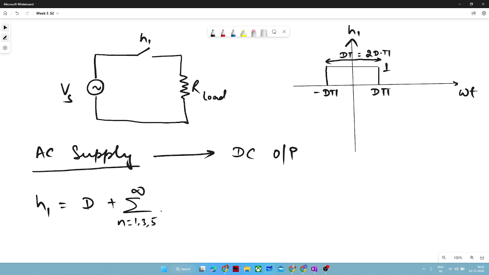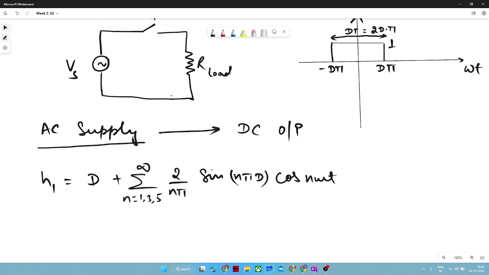And with this approach, you will be able to visualize the Fourier series in just one or two steps. Right? So that we will also see at a later stage. This was the expression I derived: 2 by n pi sine n pi d cos n omega t.